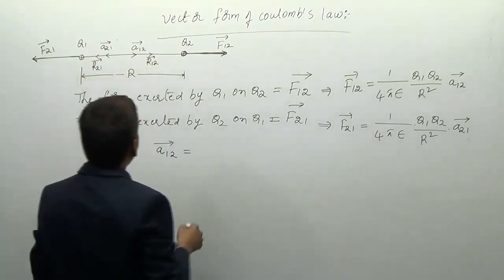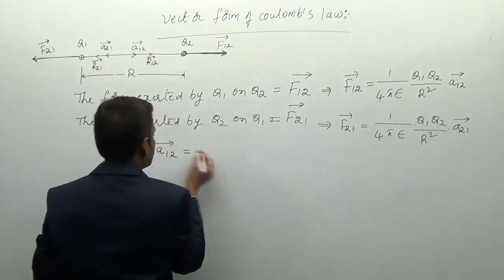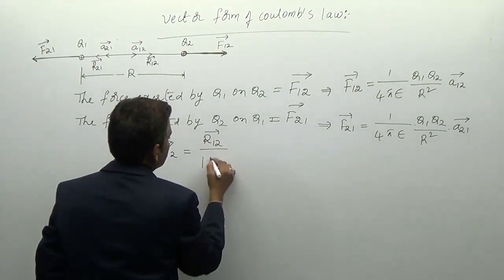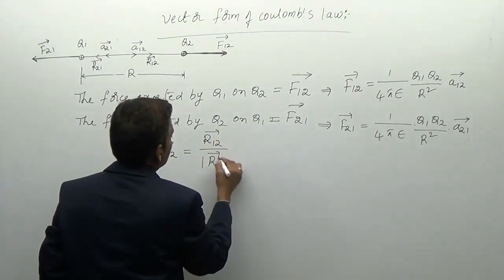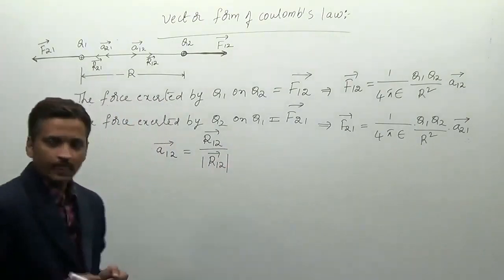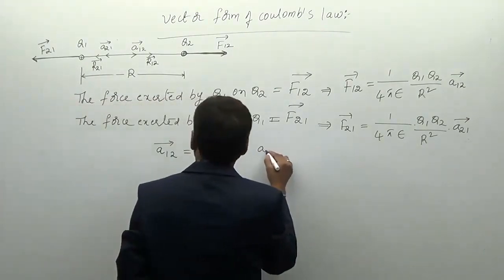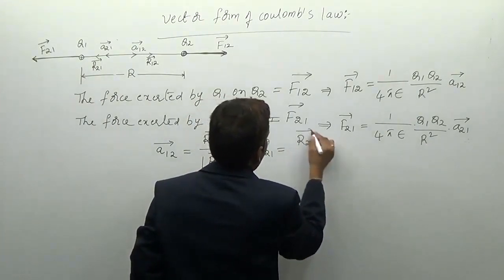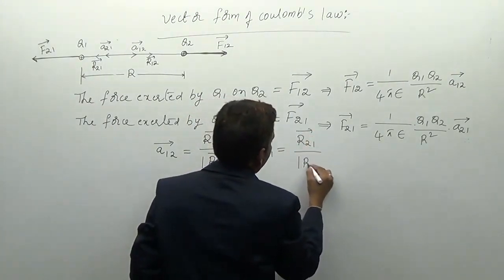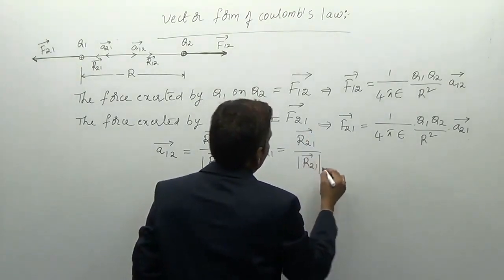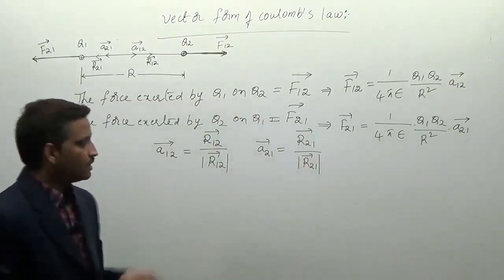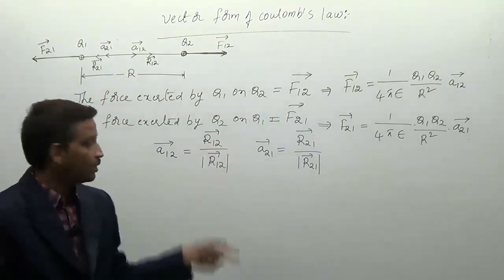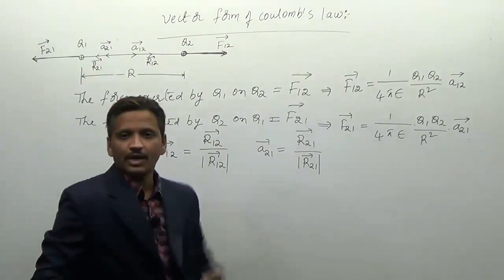So A12 will be equal to R12 vector by magnitude of R12 vector, and similarly A21 vector will be equal to R21 vector by its magnitude. This is the way we should express the unit vectors A12 and A21.